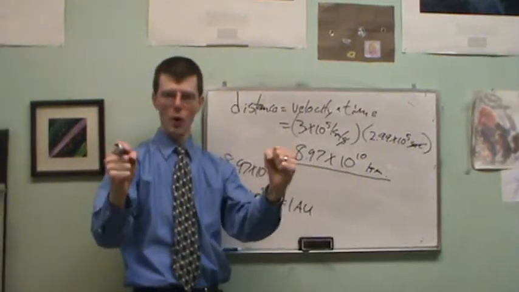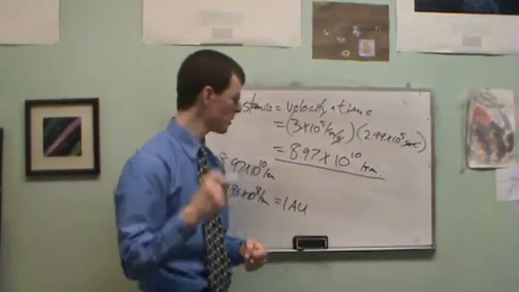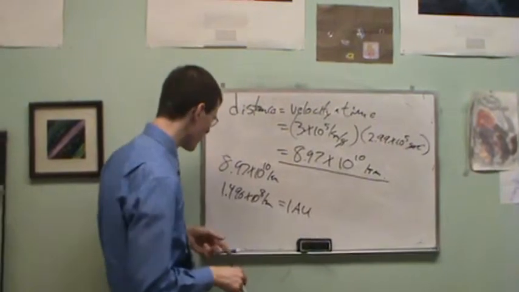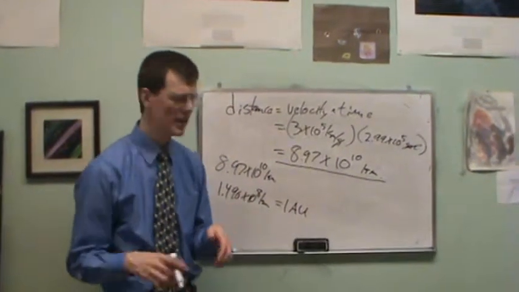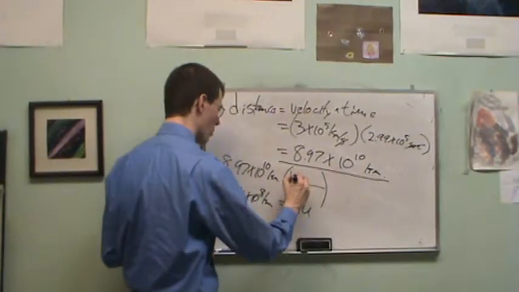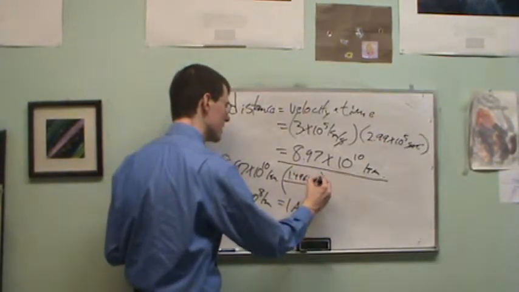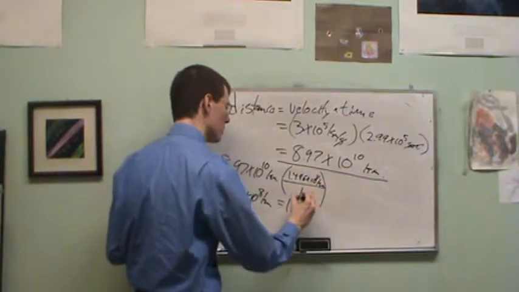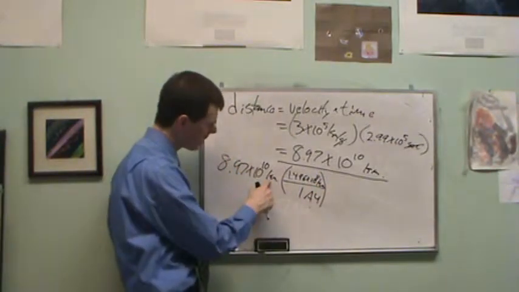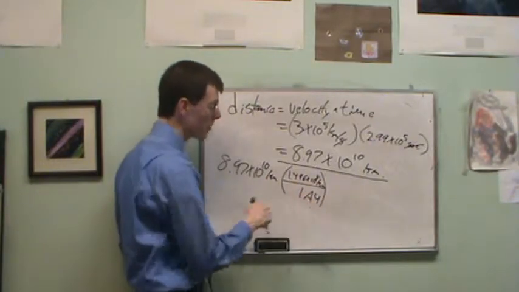The Earth is 1 AU from the sun, 93 million miles. So I need to either multiply or divide by 1.496 times 10 to the 8th. Let's try multiplying. Oh dear, look at this: this would be kilometers times kilometers divided by AU.